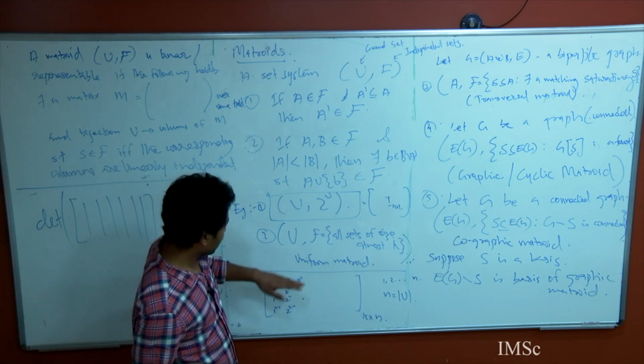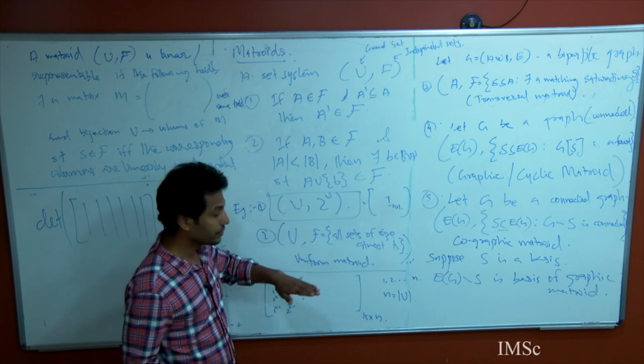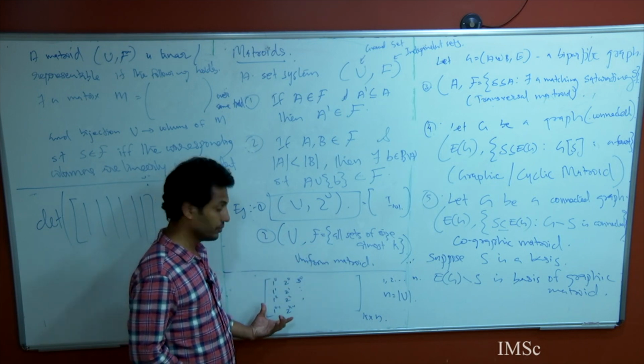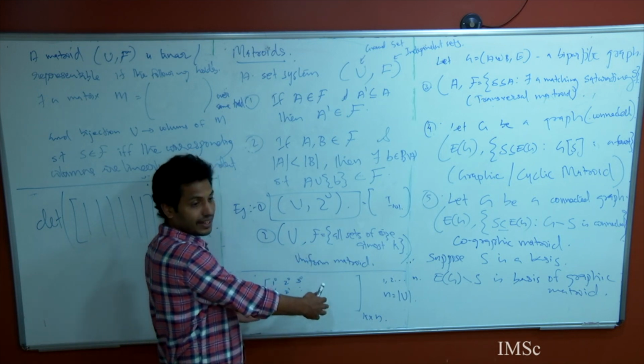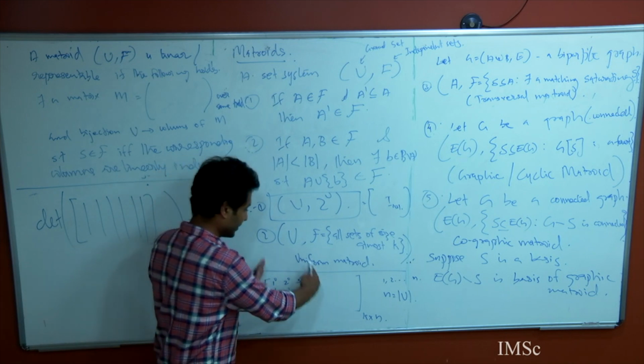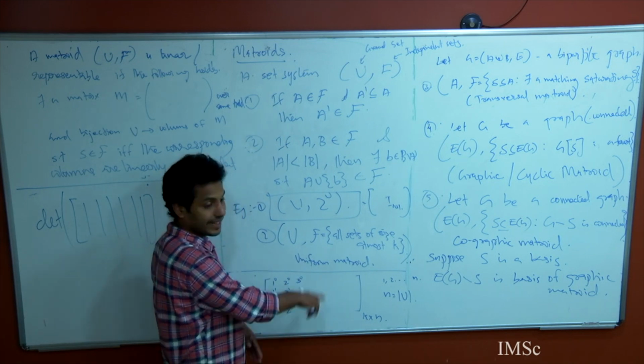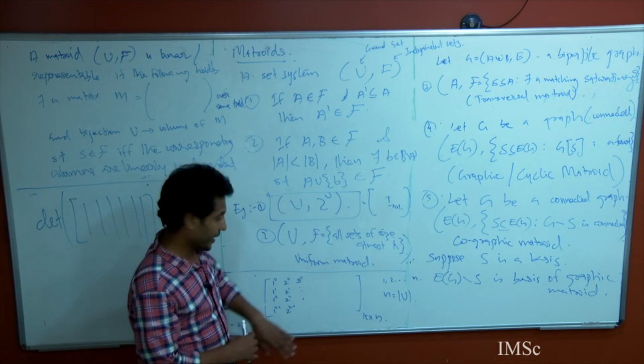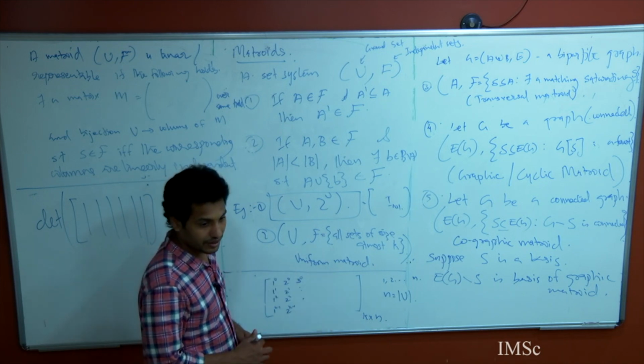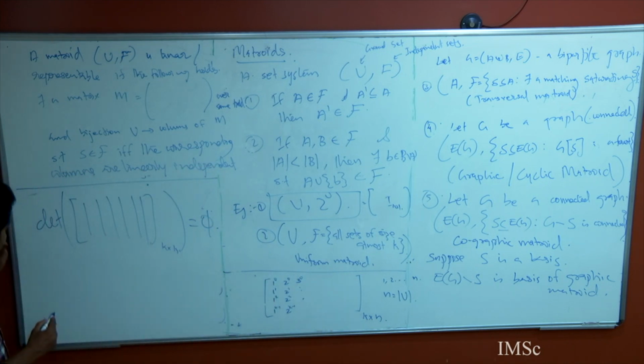To prove that this is a linear representation of this matroid, what we need to prove is: if you restrict to any k set of columns, then I will get a k times k submatrix. Its determinant should be non-zero, okay?